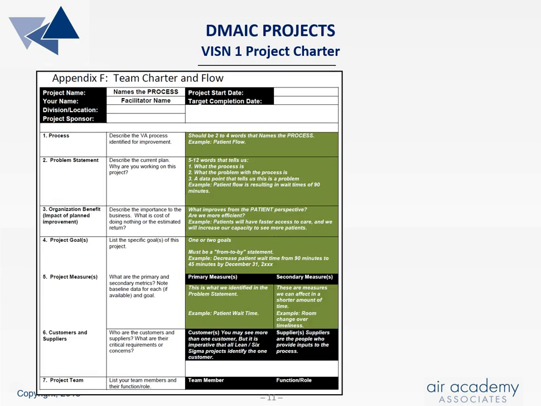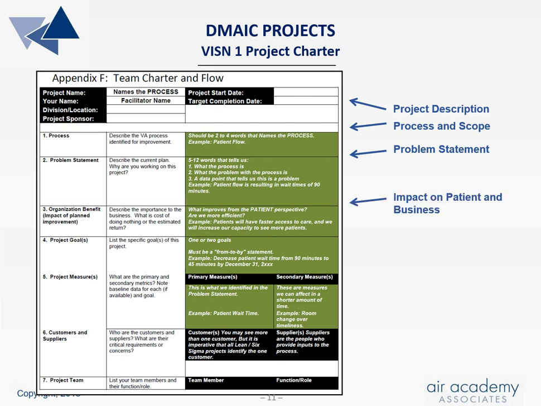We now have enough information to complete the VISN 1 project charter. We see here that, okay, the project has been described. We have a start date. The process has been scoped and labeled. The problem statement is clear and concise and actionable. We see that there is impact upon the patient, voice of the customer, as well as on the organization.